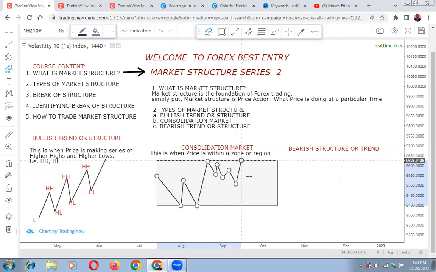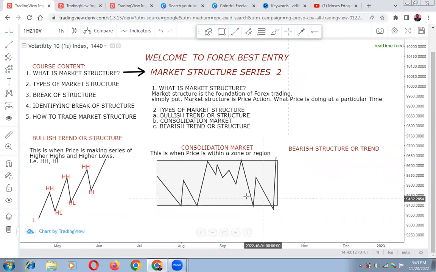It goes up, pushes up, and comes down. This is simply a consolidation market. Price is within that zone, within that region. What you are going to find in a consolidation market, I'm going to give you examples. So I'm going to go to the chart and then I'll show you an example.